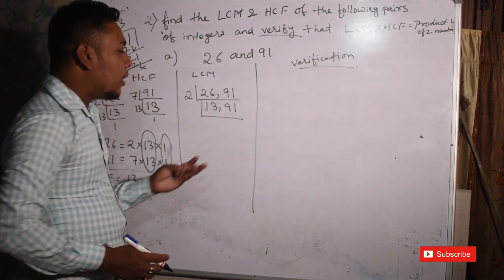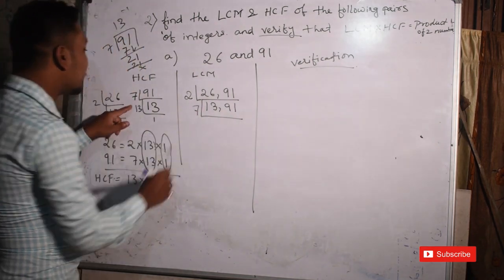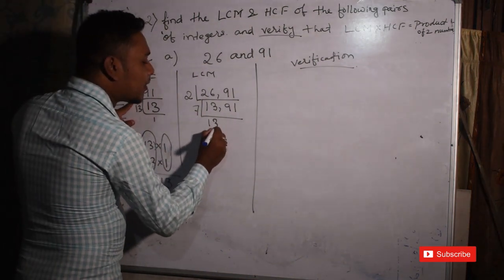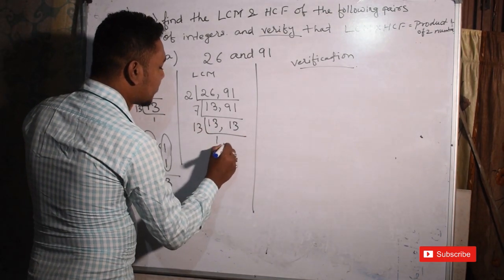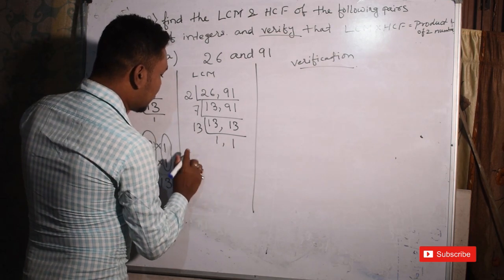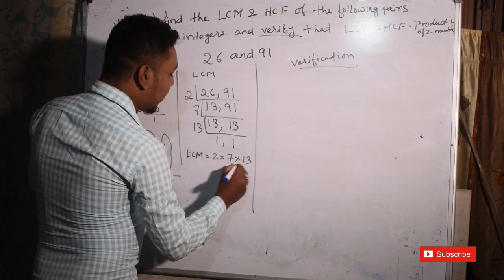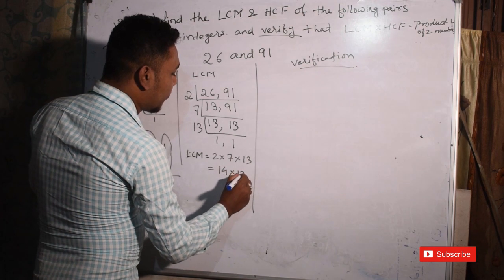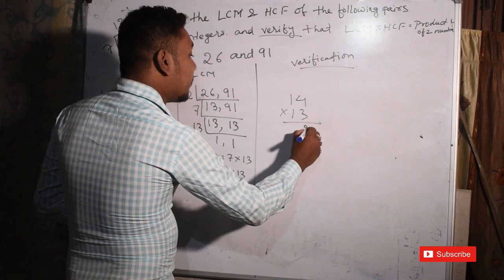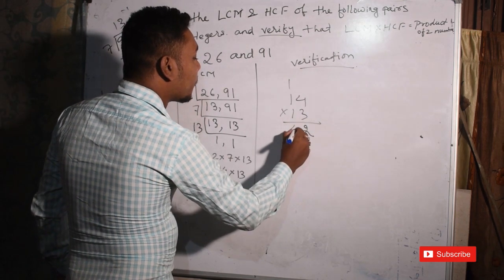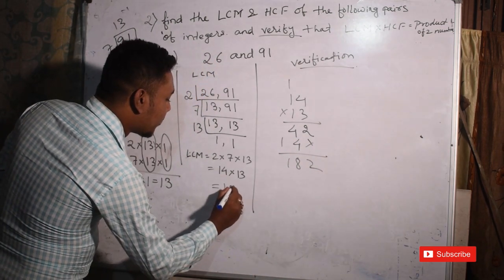Again, by 3 it will not go, by 5 it will not go, by 7 91 goes, as we have seen in HCF. 13 will remain as 13, and 13 ones are 13. So LCM equals 2 into 7 into 13, that is 2 7s are 14 into 13. If you solve 14 into 13, you will get 182. So the LCM we got is 182.